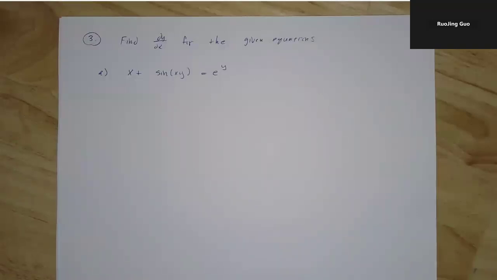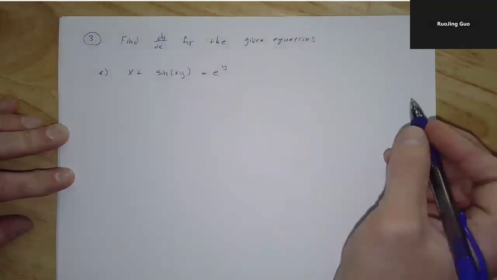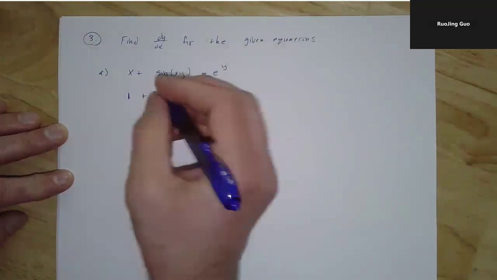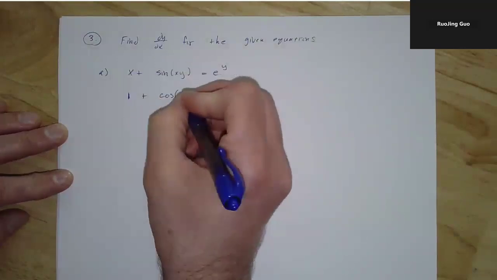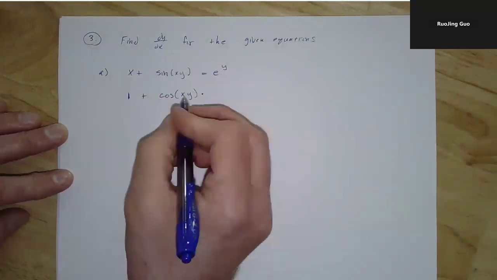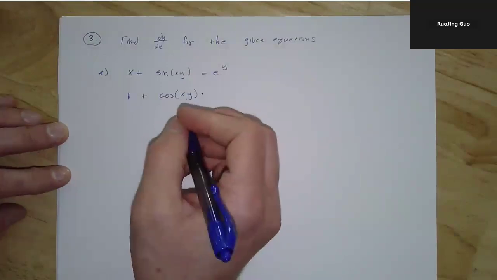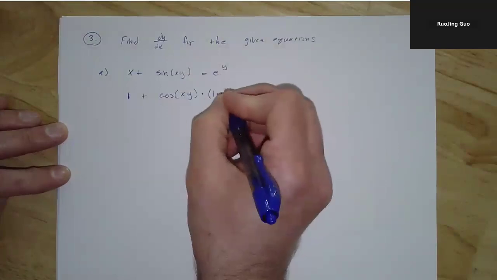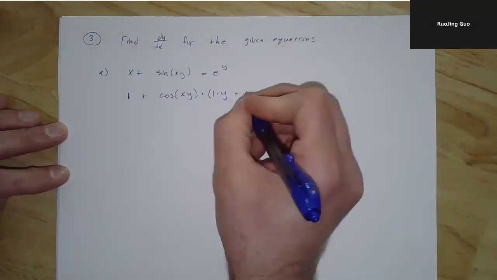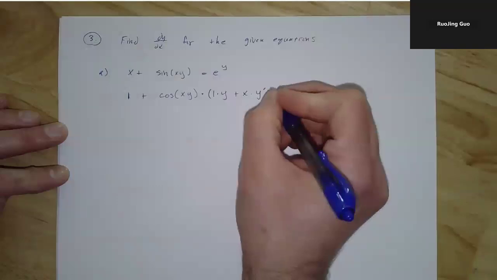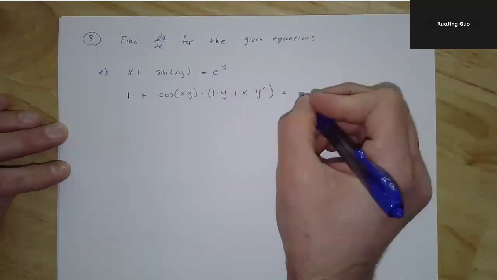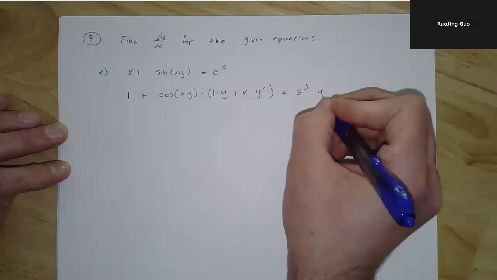So differentiate both sides. 1 plus, the derivative of sine of some stuff is cosine of the stuff, multiplied by the derivative of the inside part, which requires the product rule: the derivative of x times y left alone plus x times the derivative of y, equal to the derivative of e to the stuff, which is e to the stuff times the derivative of the stuff.